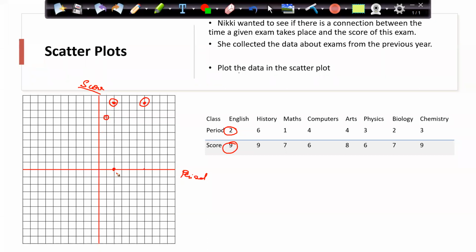When the period is 4, marks is 6. When the period is 4 again, marks is 8. When the period is 3, marks is 6. When the period is 2, marks is 7. When the period is 3 again, marks is 9.